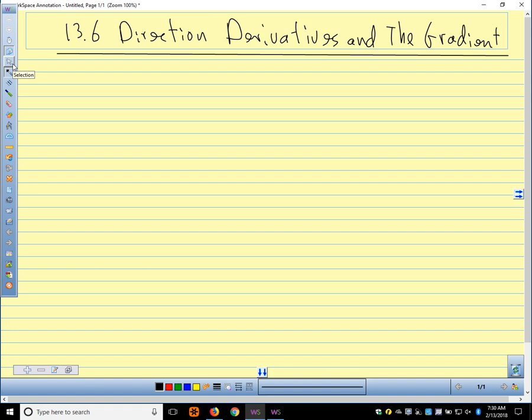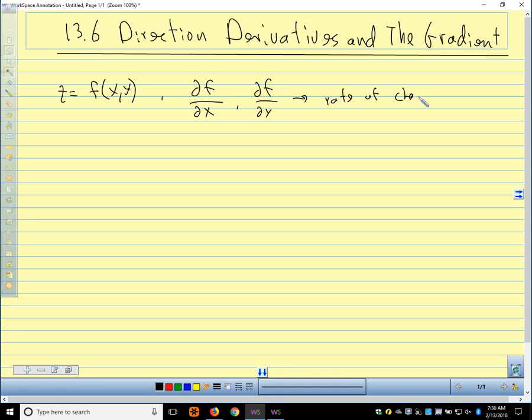All right, so we know that the partial derivatives, if we have z equals f of x, y, the partial of f with respect to x and the partial of f with respect to y tell us the rate of change in f in the x or y direction for some particular value of the other variable.